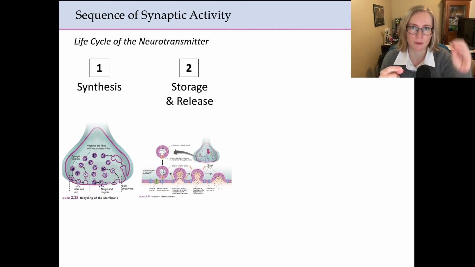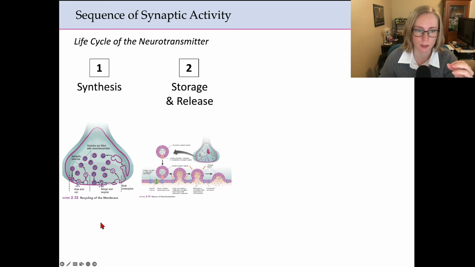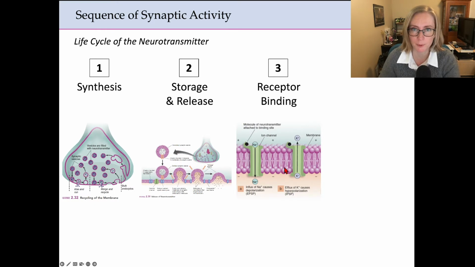So keep that in mind, even though vesicles are kind of traveling down the axon into the terminal button, the vesicle is basically being pumped up with neurotransmitters, right? All these little black dots here signify the neurotransmitter. Usually that's done by a very particular neurotransmitter transporter that fills up these vesicles, and then we have that docking mechanism through calcium. Receptor binding, we'll talk a bit more about this.